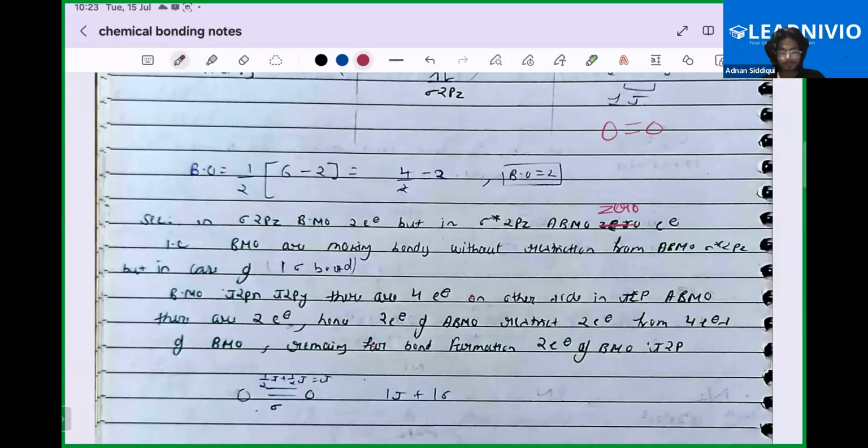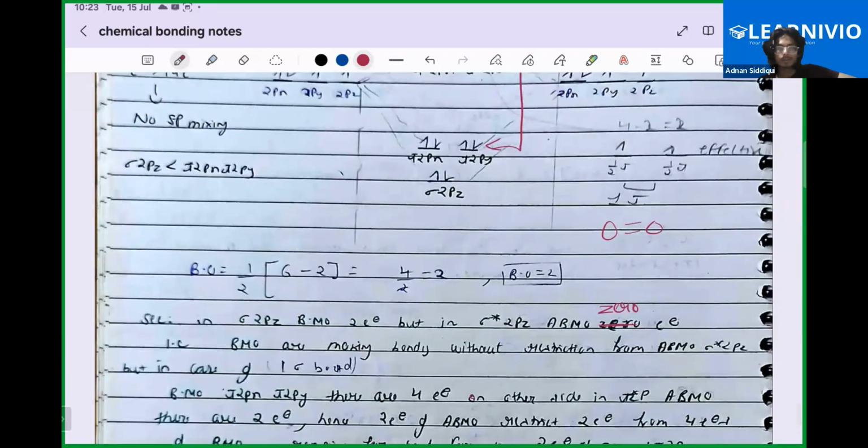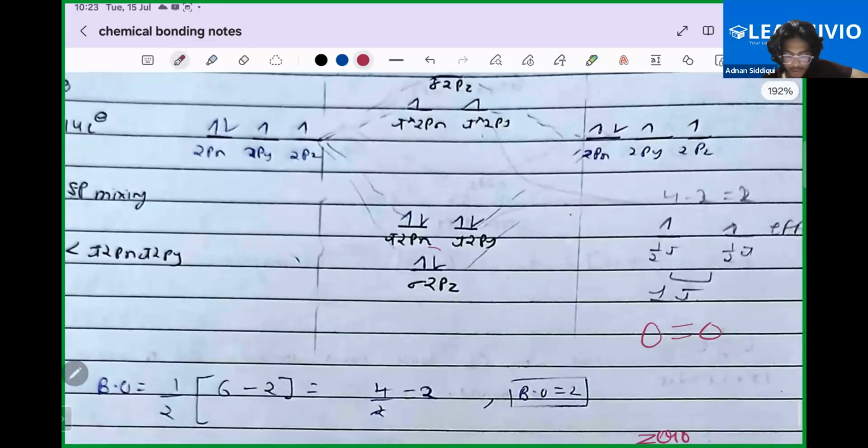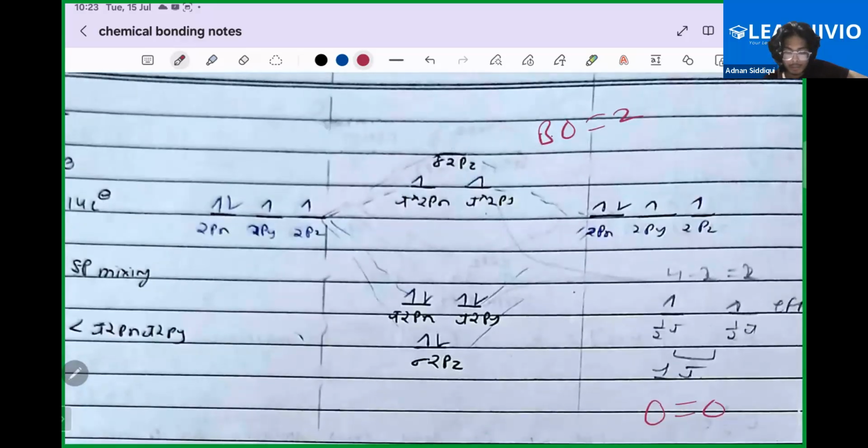Let me tell you in simple terms. Whenever we have counterparts, suppose BMO orbitals and ABMO orbitals, here we have only the sigma bonding molecular orbital. In the antibonding molecular orbital of sigma 2pz, we don't have any electrons, so it is not getting restricted by anything.